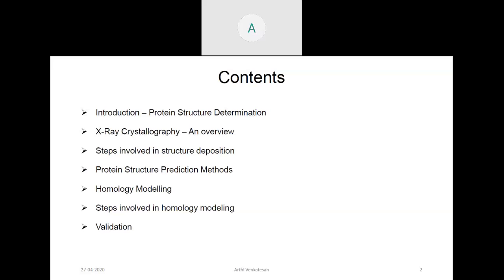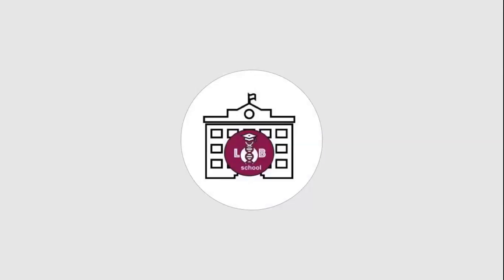Also what prediction methods are available, what homology modeling is, what steps are involved in homology modeling, and how to do validation. So maybe we can say you are going to explain what homology modeling is and how computational bioinformatics helps in predicting the structure. Exactly, right.